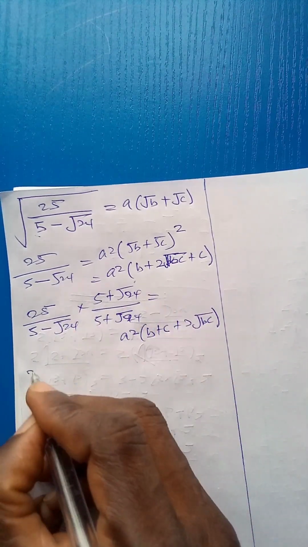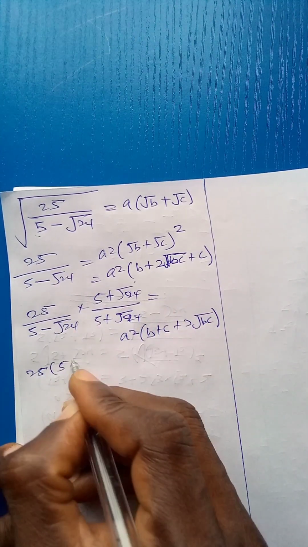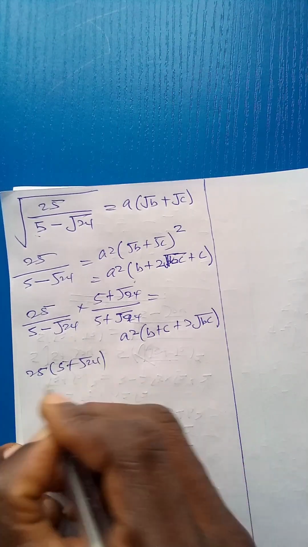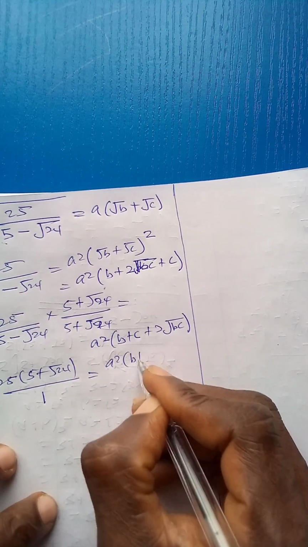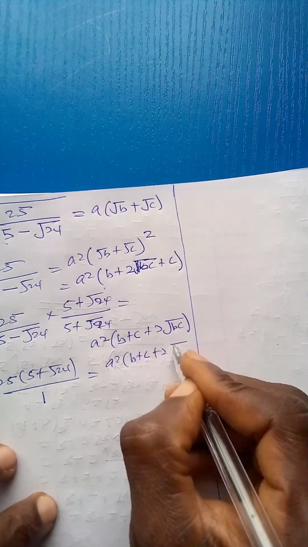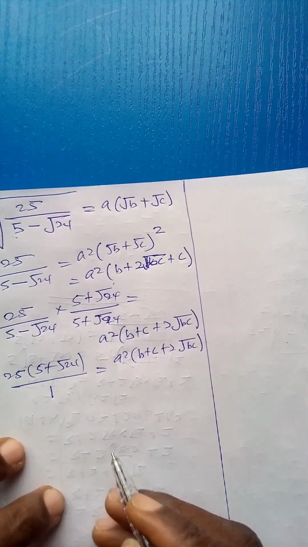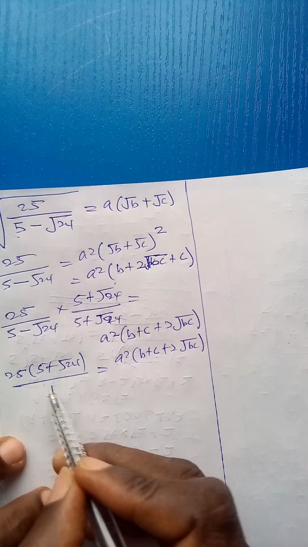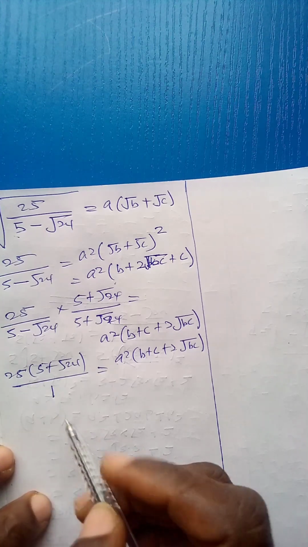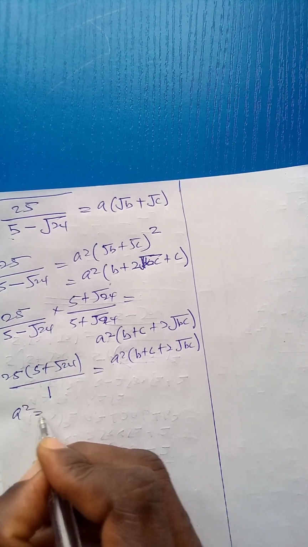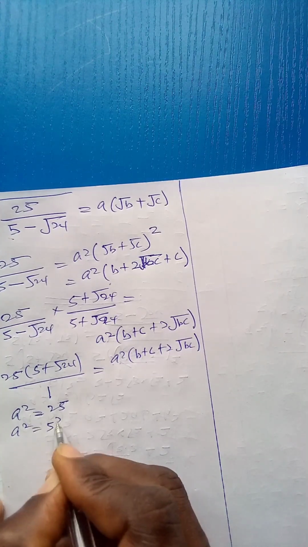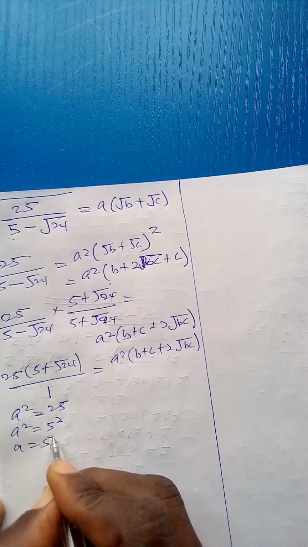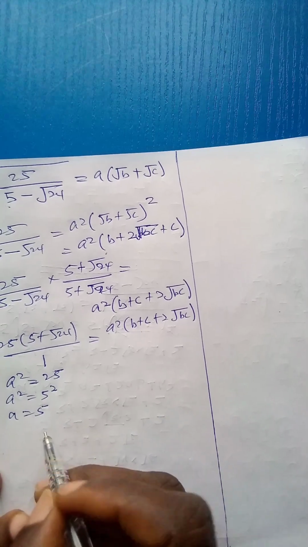Now this gives us 25 times (5 plus root 24) all over 1 is equal to this, a squared times (b plus c plus 2 root bc). Now at this point we are going to equate terms. Now this a squared is equal to 25, and so a squared equals 5 squared and a is equal to 5. That's the first answer.